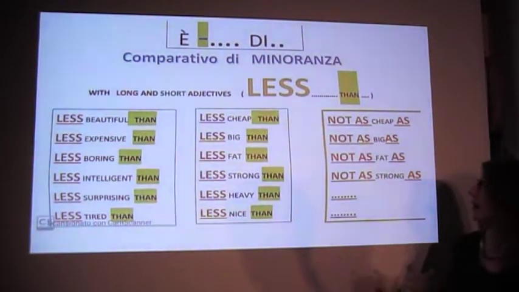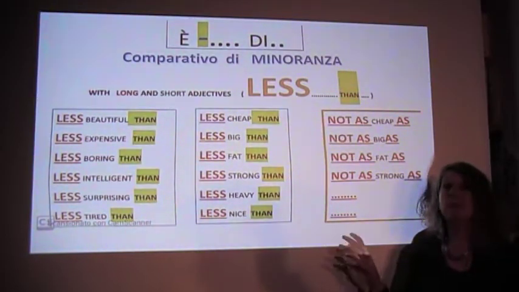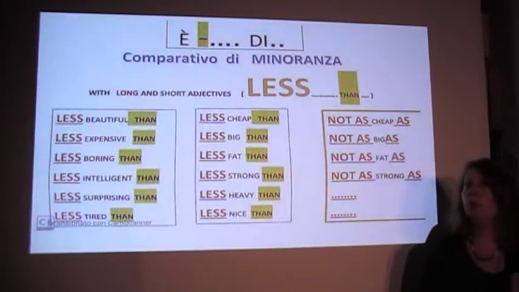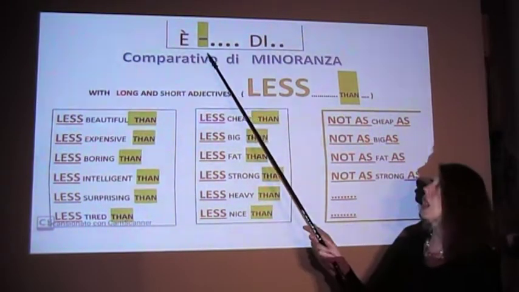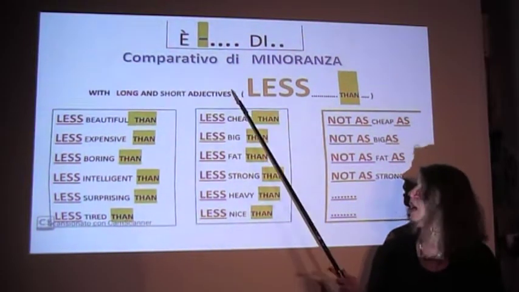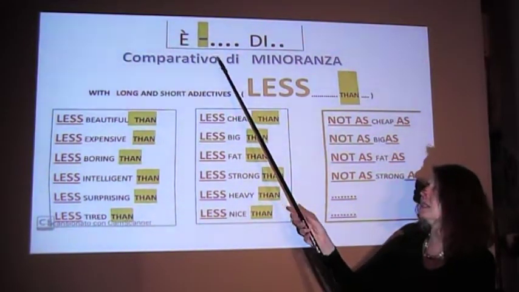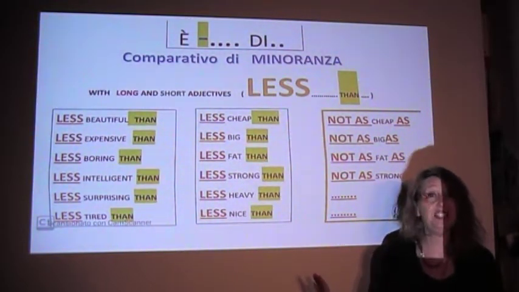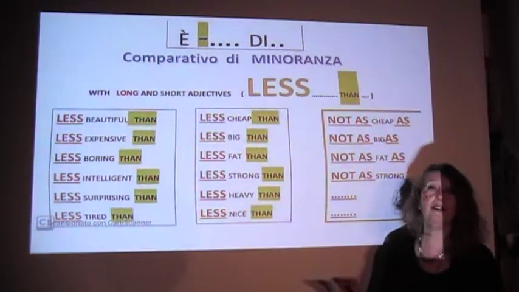Okay, here we have the comparative of minority. Instead of più è meno, less. Più was more, meno is less, but it's the same, or better, it's easier, because you don't have to change.